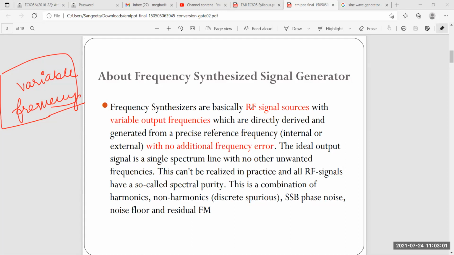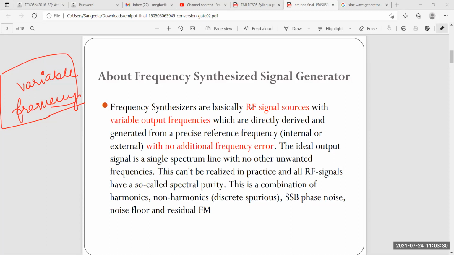Give me a very practical example that is with us every day, and we use it every day. Can you tell me? Ma'am, TV. Yes, very good, Rajkumar. TV, video, televisions, FM radios, everywhere RF signals are used.